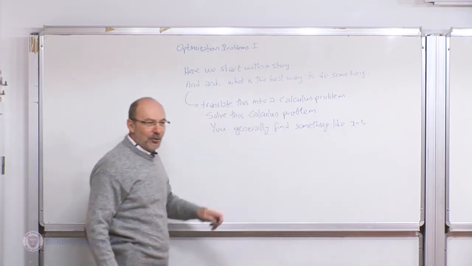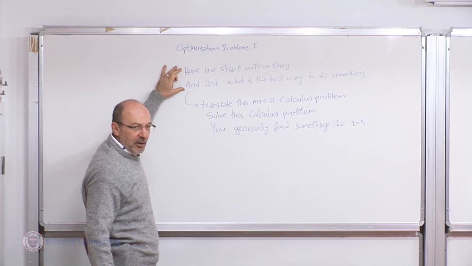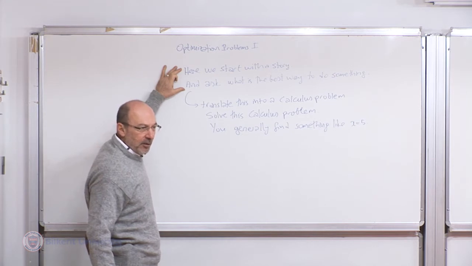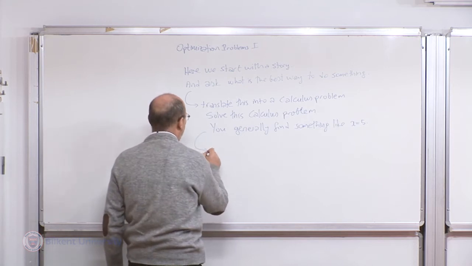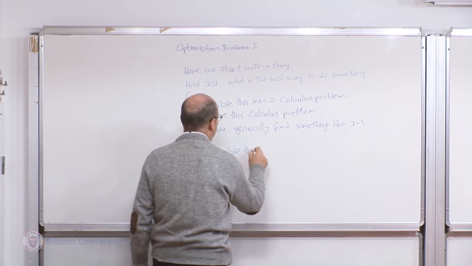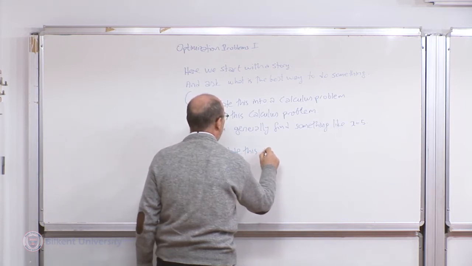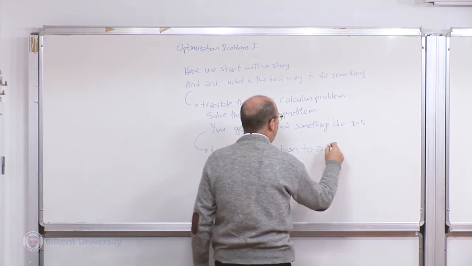Okay, so what is the best way to do something? The answer x equals 5 is obviously not compatible with each other. Then you translate this back, translate this result, this solution, to a human answer.